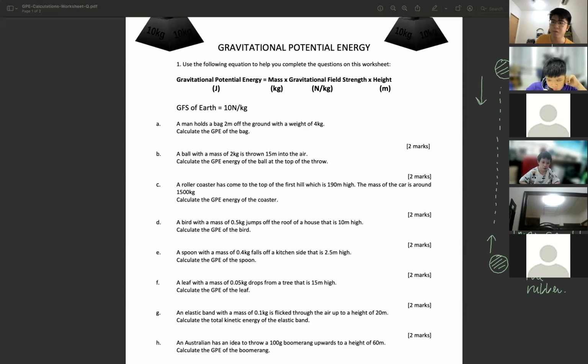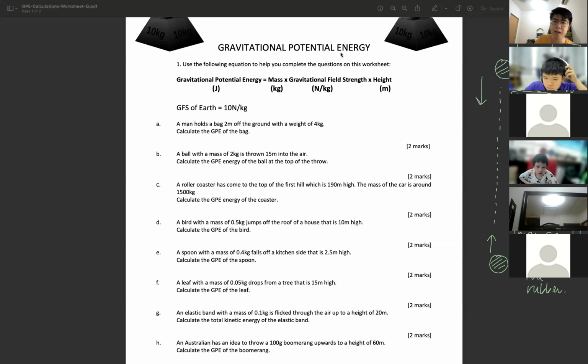And if speed is 0, that means the kinetic energy is 0. If the bottom is maximum, but up here is 0, where did the kinetic energy go? It has been transformed to potential energy. So now your potential energy is at the maximum.